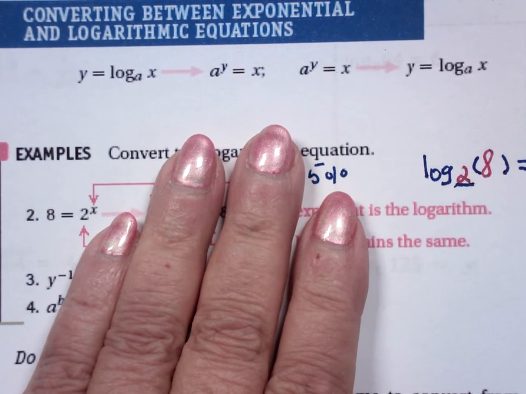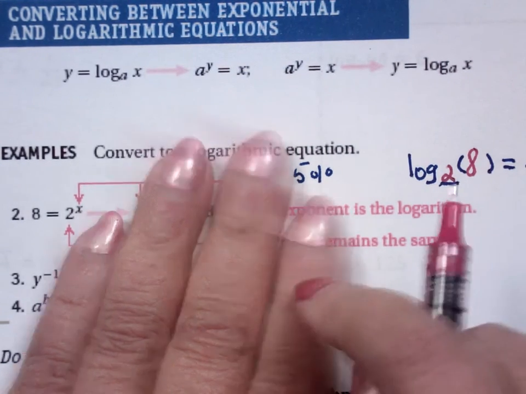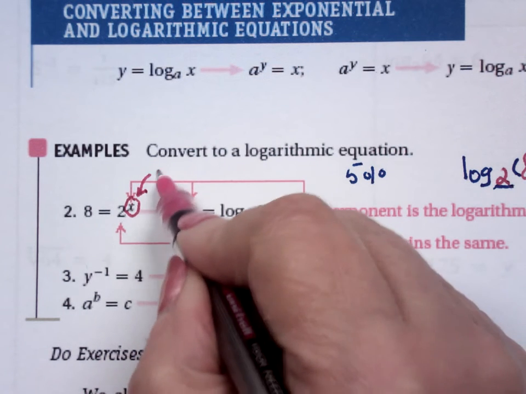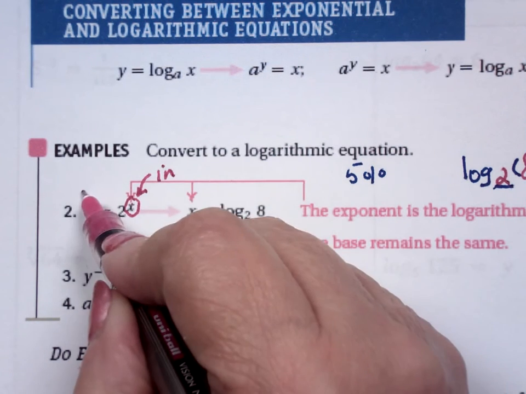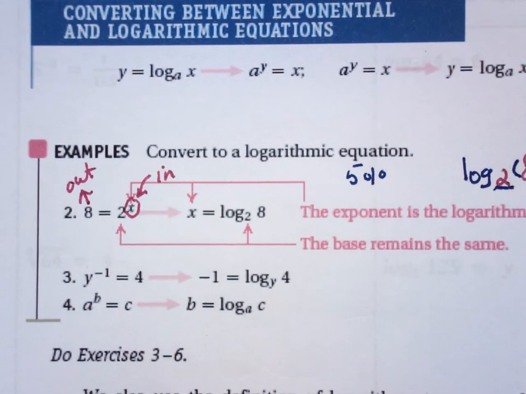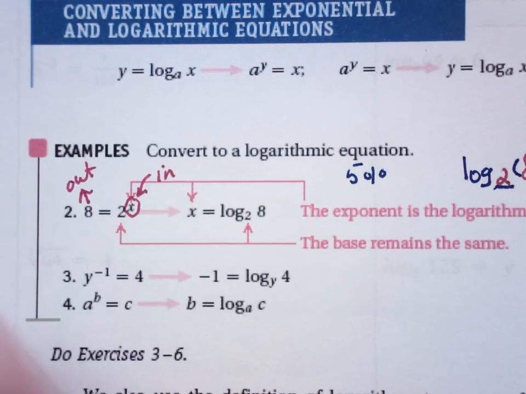And where would it return it? To x. See, this is your in value. This is your out. It's your output. It puts out outputs and brings them back to inputs. That's its purpose.